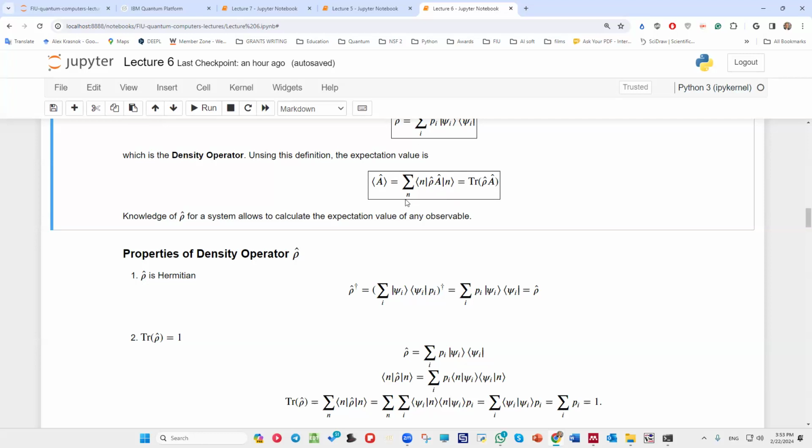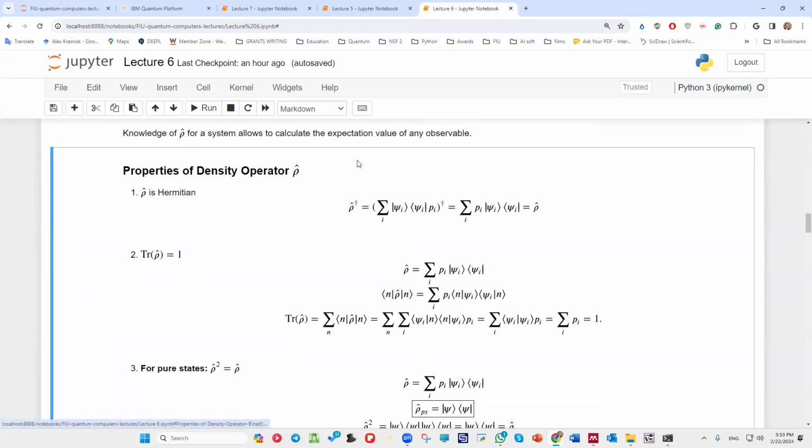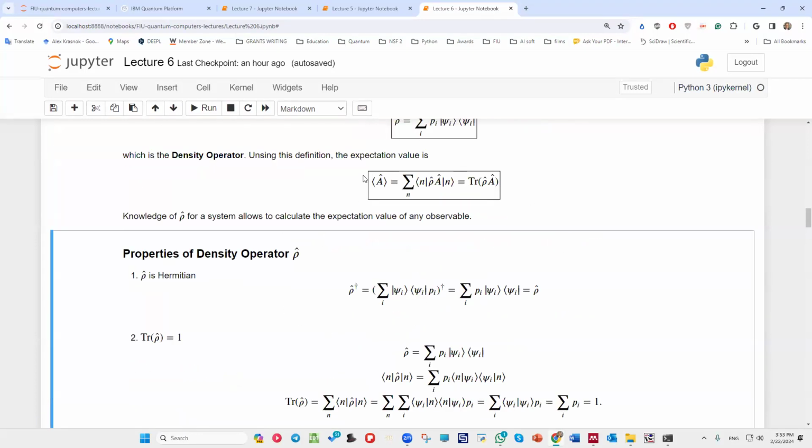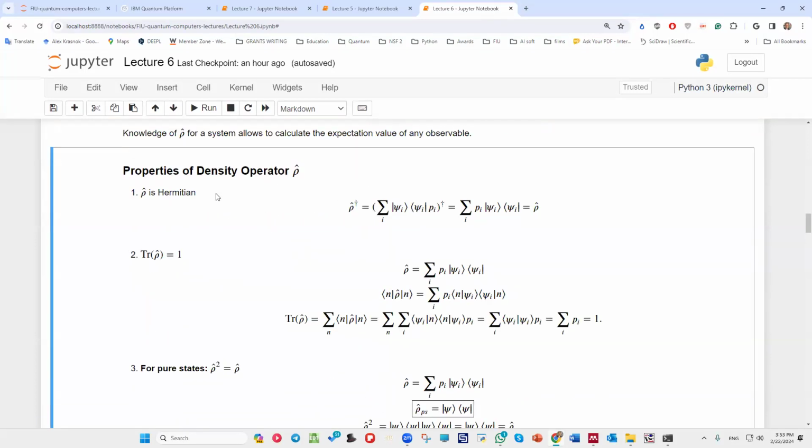Okay, so let us discuss a few properties of the density operator rho. So first of all, the density operator is Hermitian, and it's easy to see because when I dagger the density operator, right, I dagger this density operator in its explicit form written between the parentheses. The classical probabilities, they are real values, so the dagger doesn't affect them.